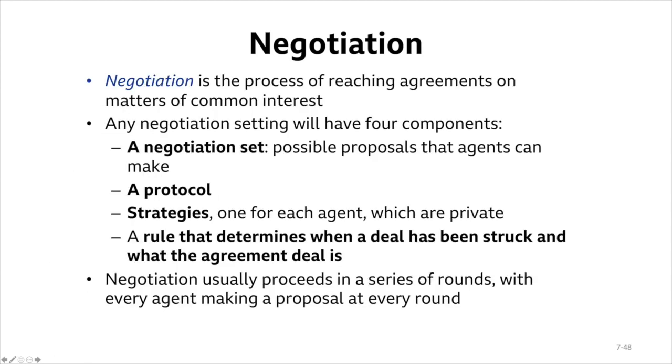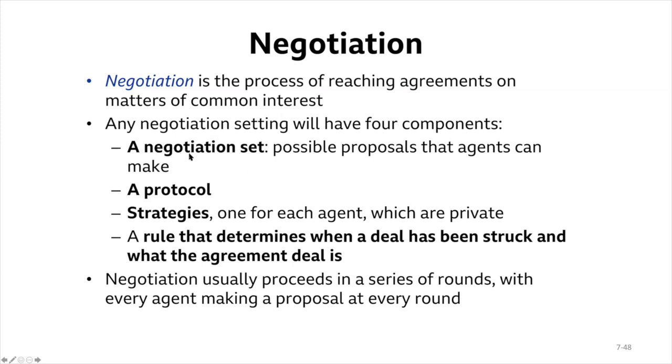So negotiation then is a capability. It's a capability that we all have, and it's a capability that we want to give to software agents. And it's the process of reaching an agreement on matters of common interest. And when we think about negotiation, we will think about a negotiation scenario as being defined by 4 things.